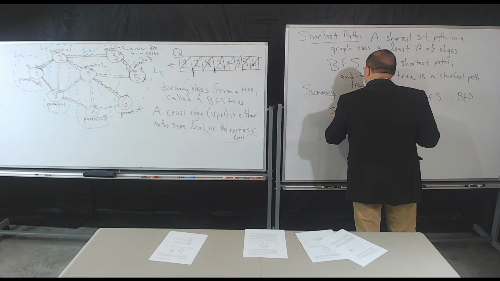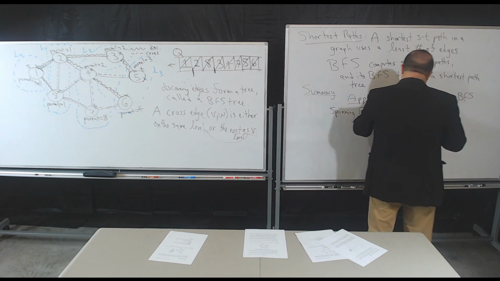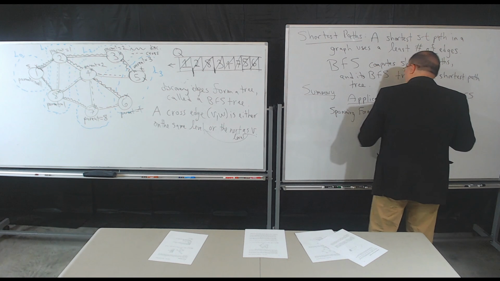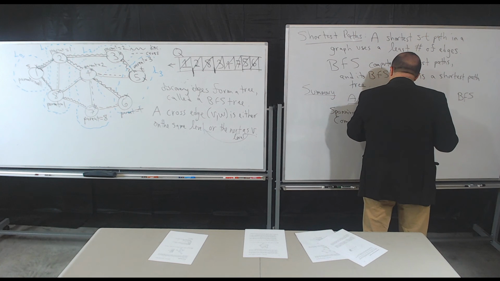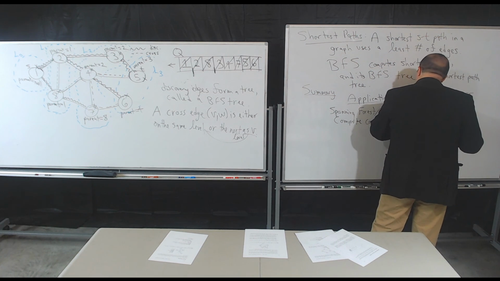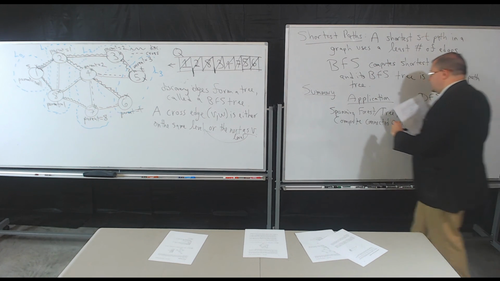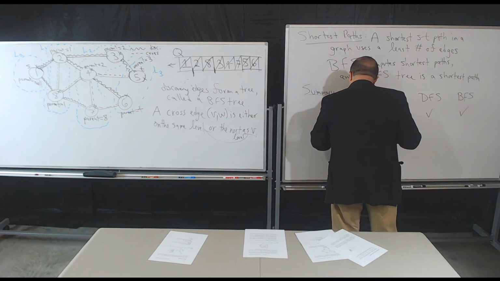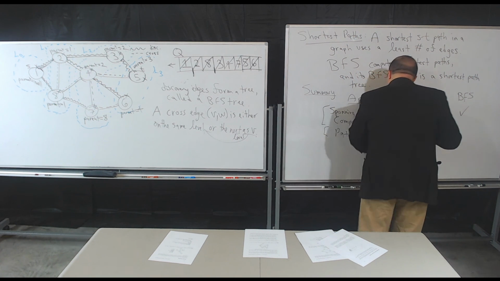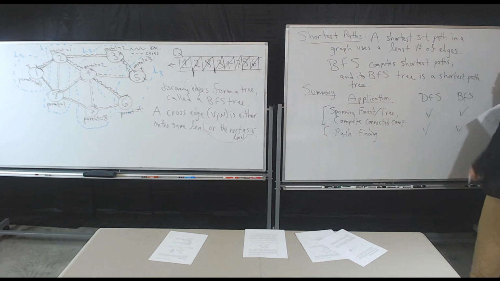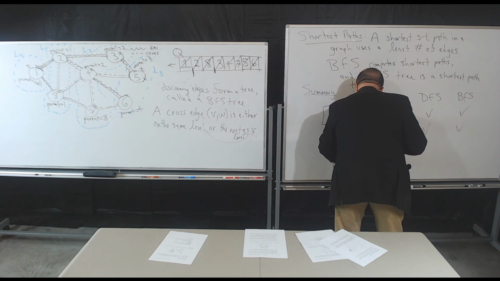So if I want to compute a spanning forest or tree, or compute connected components, I could do that with both BFS and DFS. Pathfinding. We see that we can do both for DFS and BFS. How about computing or detecting a cycle?